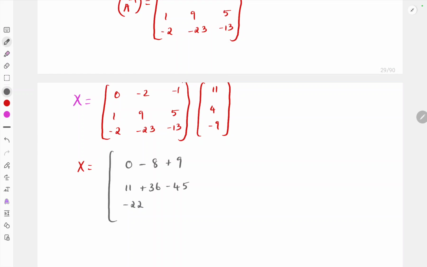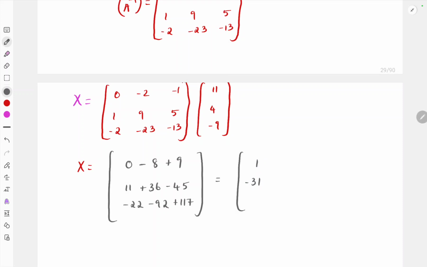So 4 into 23 is 92, so minus 92. Next 13 into 9 is 117, so minus into minus is plus, so plus 117. So here it will be 9 minus 8, which is 1. Next 11 plus 36 minus 45, so it will be equal to minus 31.